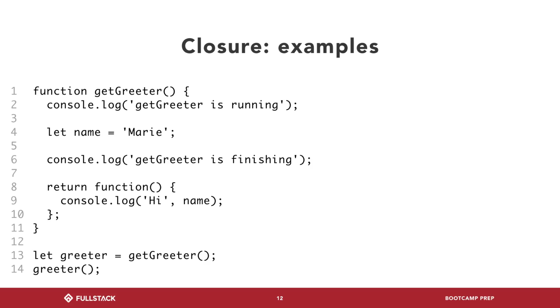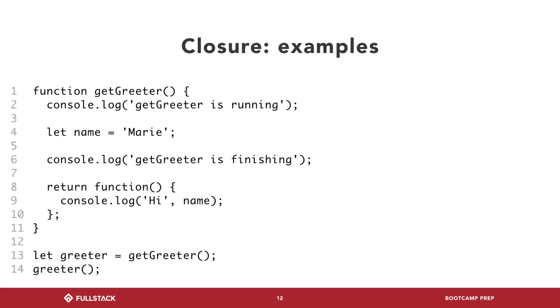Not only are we creating a function inside getGreeter that we can use outside of getGreeter, this function has access to what scope? The getGreeter scope. And so if I use this function outside of getGreeter, I now have access to the same scope that function has access to, which is the getGreeter scope.